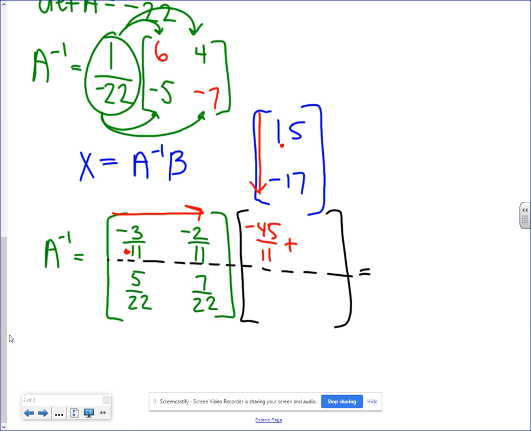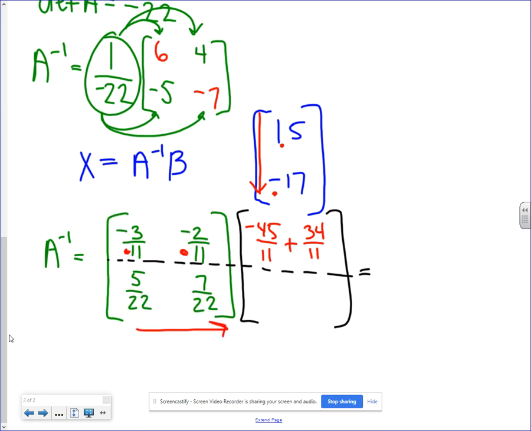And then it's always add. The second element times the second element over here. So negative 2/11 times negative 17 would be positive 34/11. Now, let's do the bottom.